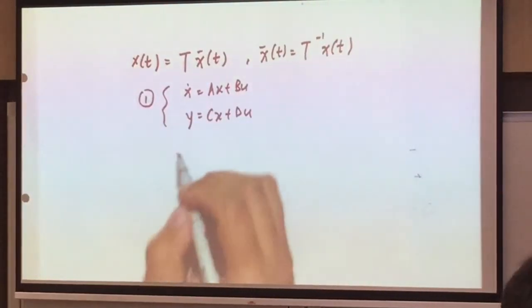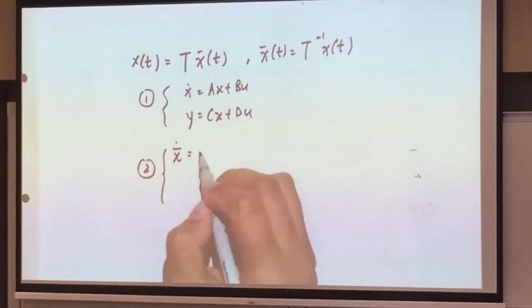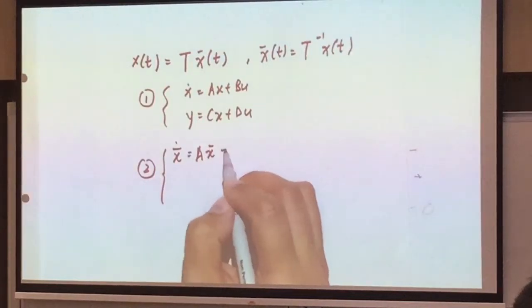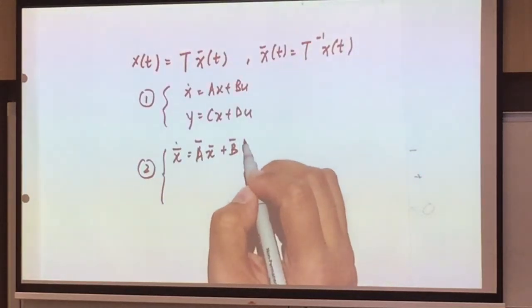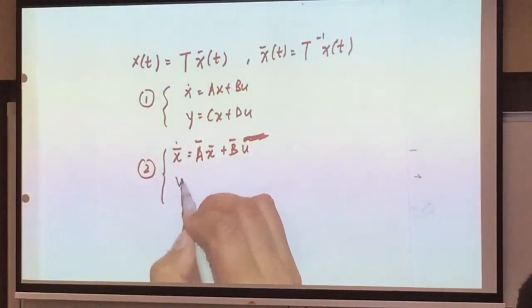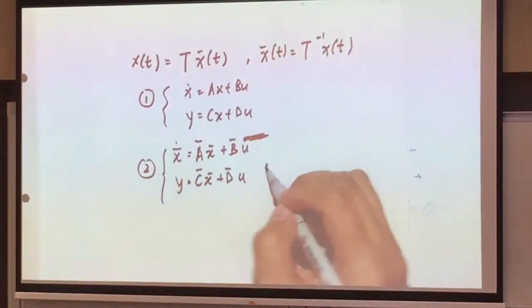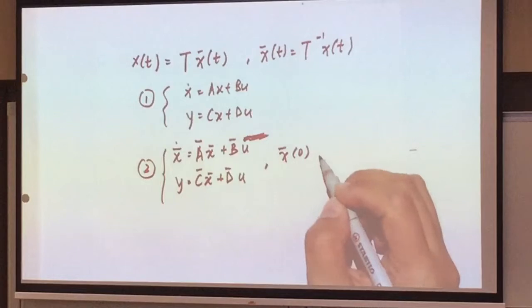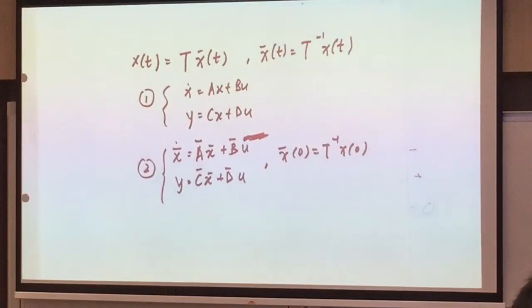So we expect that x bar will be defined as x bar dot equals A bar x bar plus B bar u, and y equals C bar x bar plus D bar u, because we're talking about the same input. And x bar 0 is T inverse of x 0. The next question is how A and A bar, B and B bar, C and C bar are related.